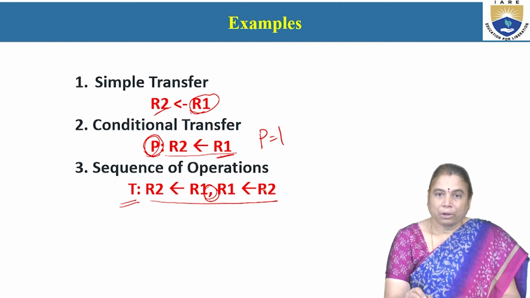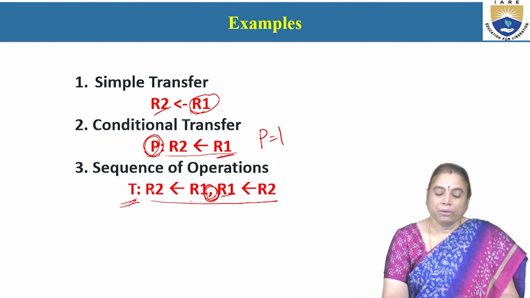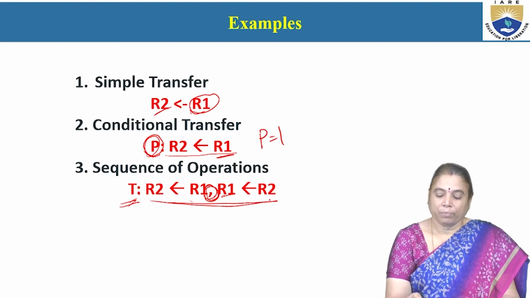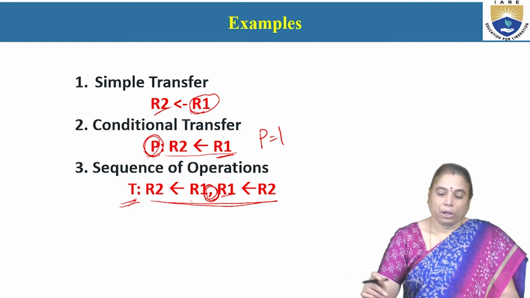The value of register R2 is transferred to register R1 and the register R1 value is transferred to register R2. These micro operations are separated with a comma, and T is a control function specified with a colon. When the T value is 1, these two micro operations get executed. In this way, the RTL is used to symbolically represent the micro operations.